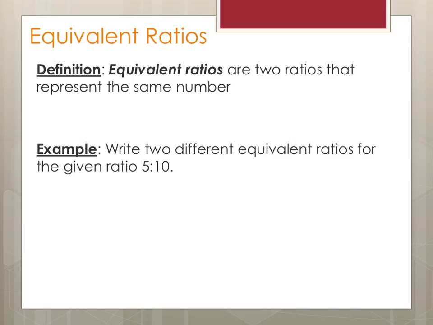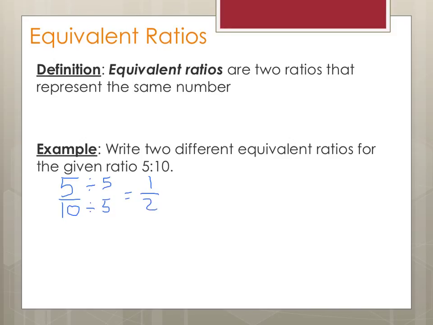So let's start by representing that ratio as a fraction. We've got the number 5 over 10. Okay, and one way to write an equivalent ratio would be to divide out a common factor. We know that 5 and 10 are both divisible by 5, so we can divide the top by 5, and we can divide the bottom by 5, and we get the ratio 1 to 2.